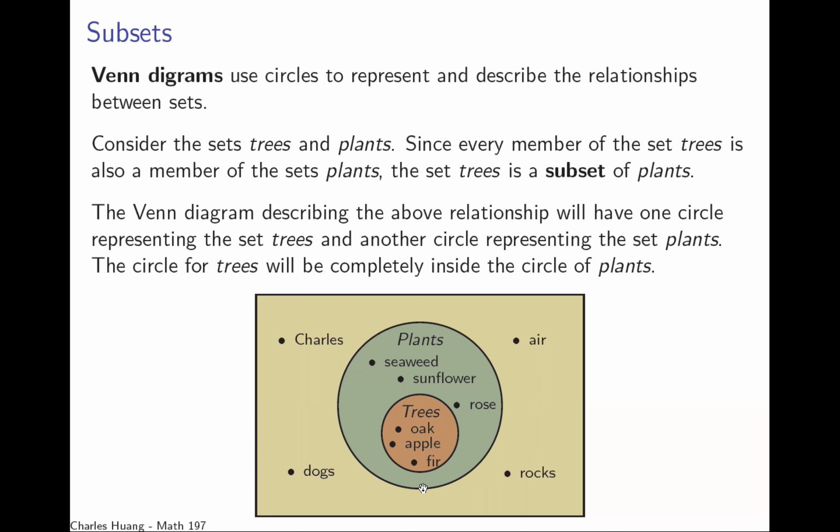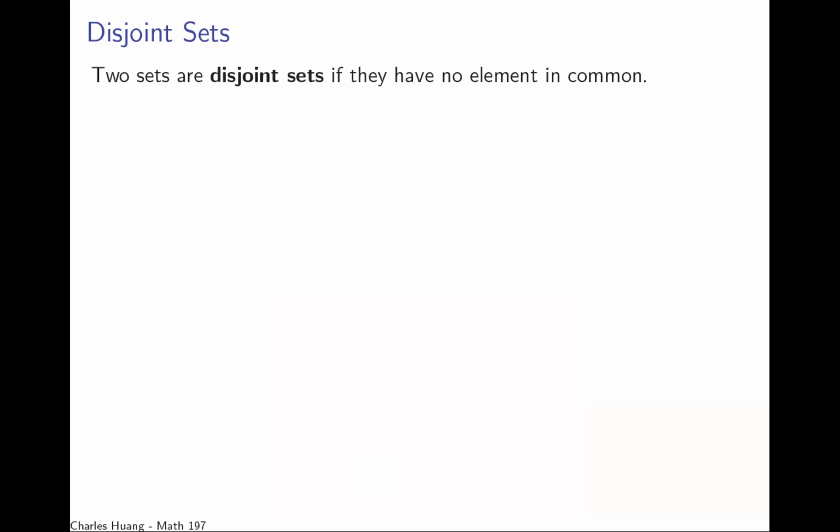So we call this relationship a subset. All the trees we can find are examples of a plant. So we will draw our circles like this. This shows the relationship of a subset.